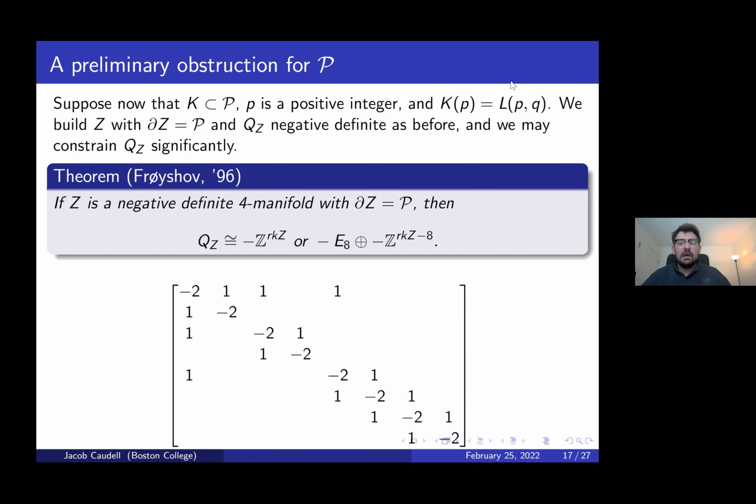So if Y is the boundary of a negative definite four-manifold X, then the correction term of Y in spin^c structure t satisfies this inequality.